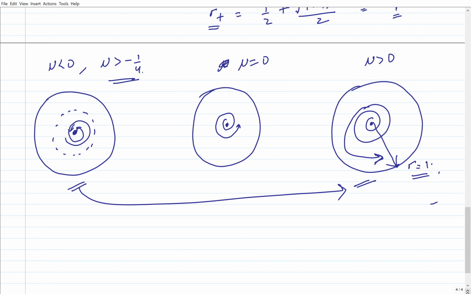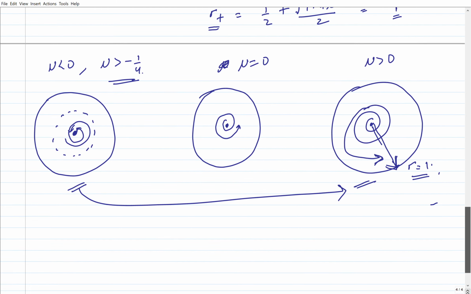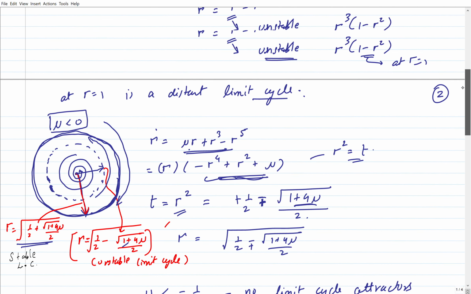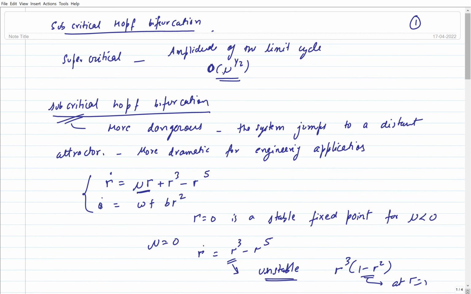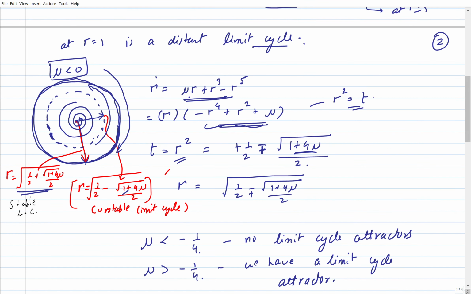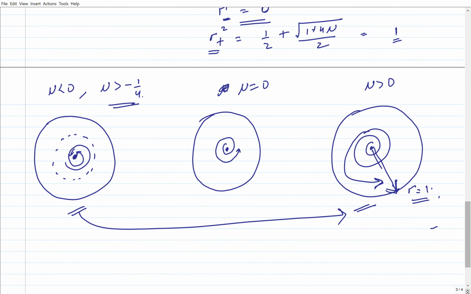There is a sudden transition, not a gradual one. So the radius of this attractor is suddenly 1. It's not unlike the supercritical Hopf bifurcation where it gradually changed with the parameter as mu to the power of half as I slowly crank up mu. This is a potentially dangerous situation in engineering applications, just changing the parameter. Now my only stable solution is somewhere over here.